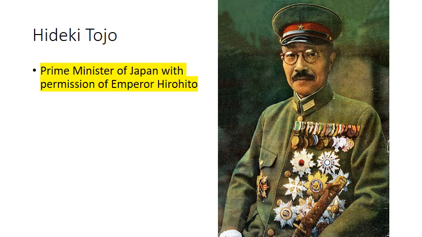They take Manchuria, which is northwest of Korea, in northern China, and then they're going to begin invading China and subjugating Chinese and committing various horrible war crimes against the Chinese people. And a military officer, Hideki Tojo, becomes the leader of Japan with the permission of the Emperor Hirohito.